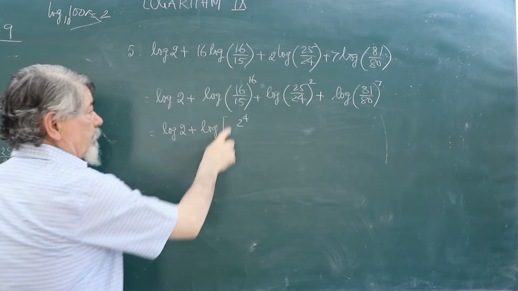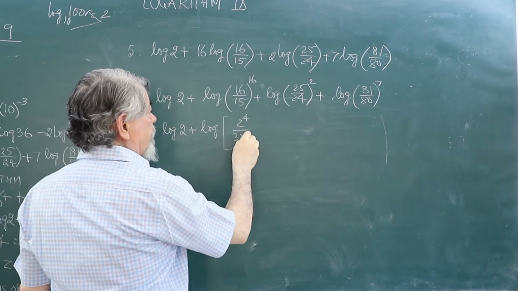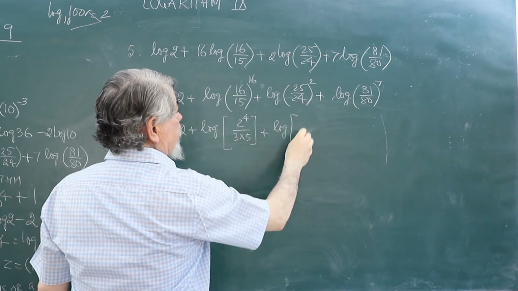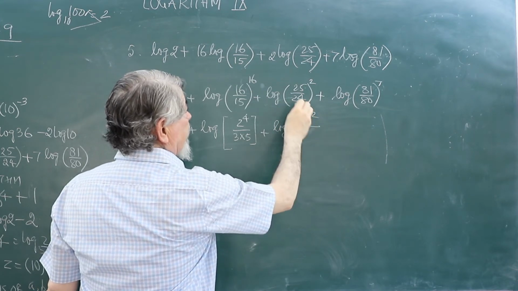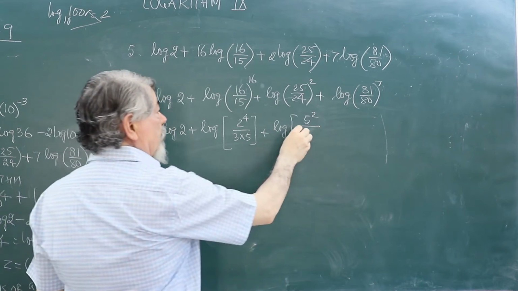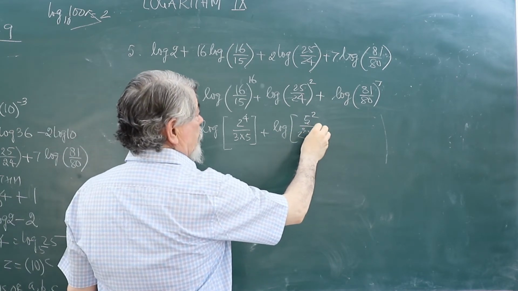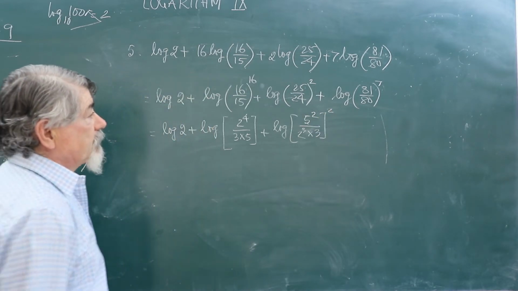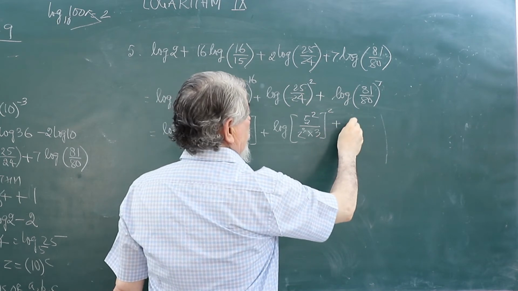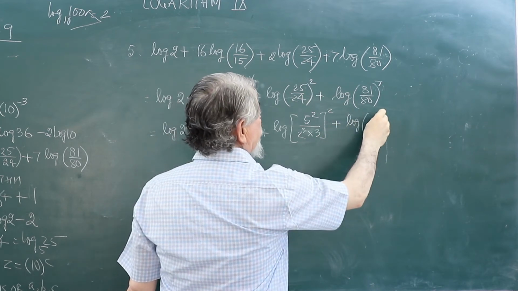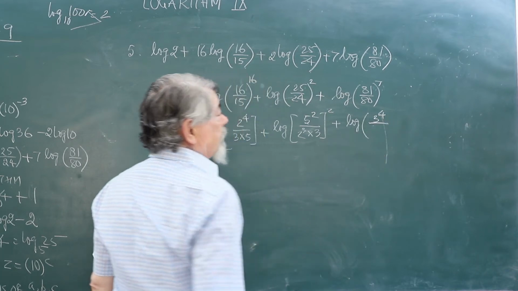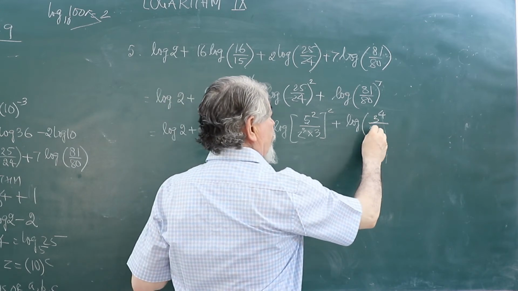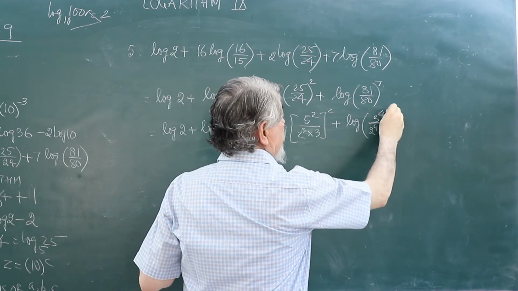I've converted. 15 can be written as 3 into 5, plus log, it is 5 to the power 2. 24 is 8 3s are 24, 2 to the power 3 into 3, to the power 2, plus log 81 means 3 to the power 4, and 80 will be 16 5s are 80, 16 is 2 to the power 4 into 5, to the power 7.